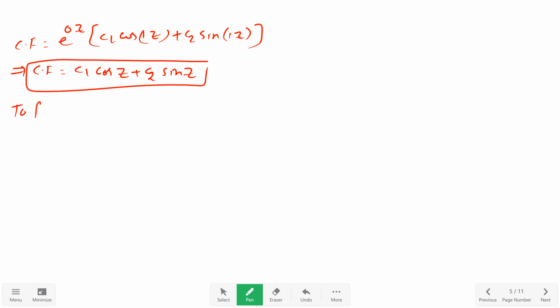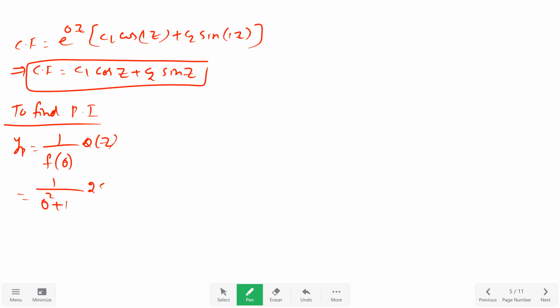Next we can find the particular integral. The general formula for the particular integral is yp = 1/f(θ) Q(z), where Q(z) is the RHS value of equation 3. So 1/(θ² + 1) into 2 sin z.